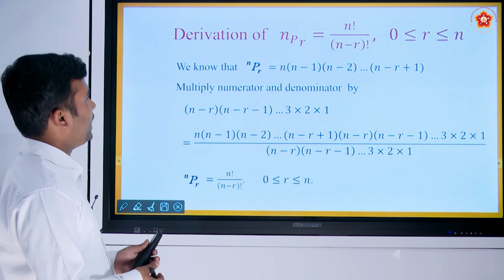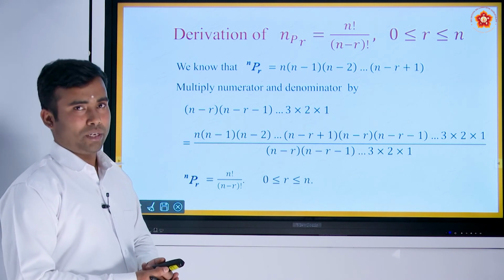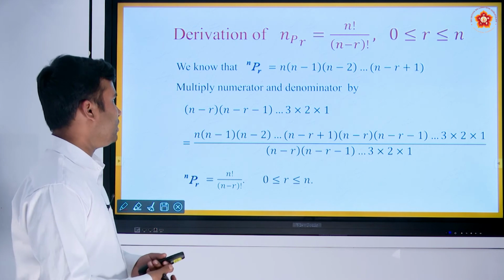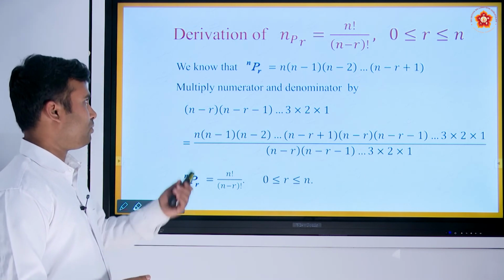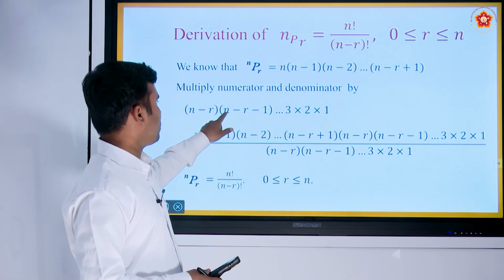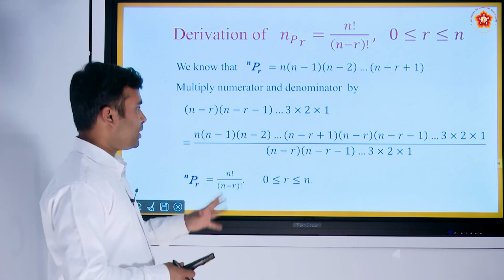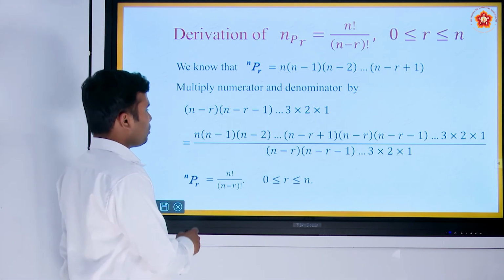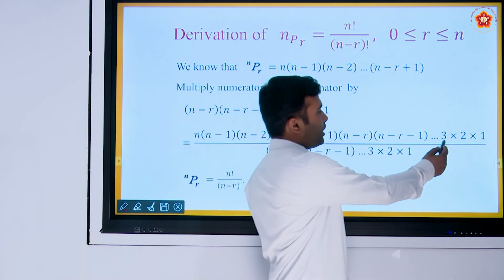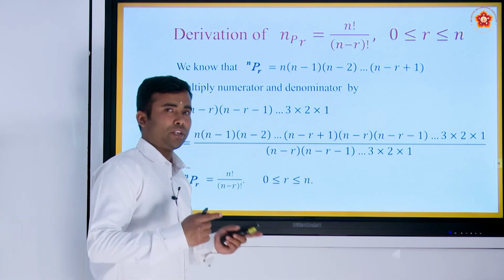As we know, nPr is n into n minus 1, and so on up to n minus r plus 1. So, what you do is multiply the numerator and denominator by n minus r into n minus r minus 1 and so on, down to 3 into 2 into 1. Look at the numerator: n into n minus 1 and so on, ending with 3 into 2 into 1, that means it is n factorial.